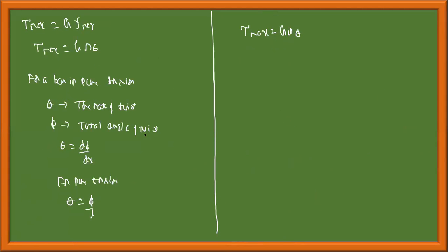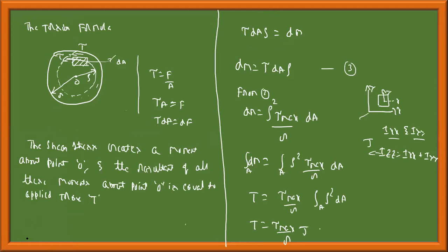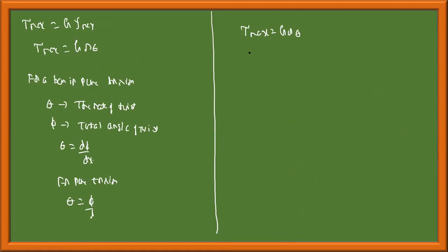We can directly substitute: at tau max, I can write T into R by J. So T R by J is equal to G R theta, or T by J is equal to G theta. Theta is equal to phi by L. This I will call equation 4. From 4, T by J is equal to G into phi by L.